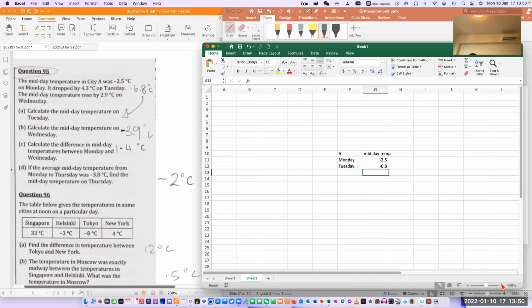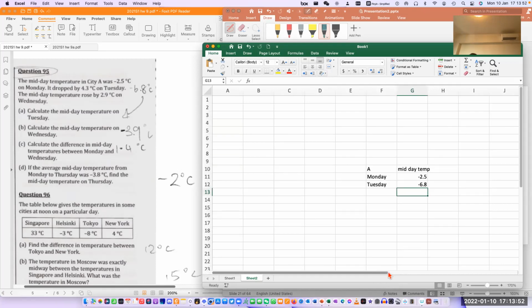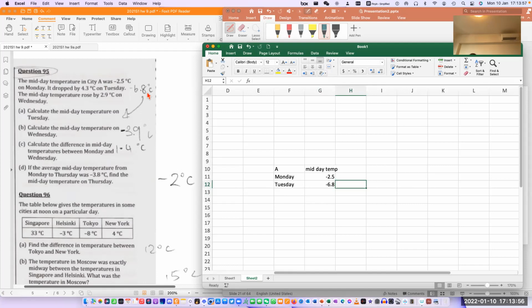If it's not big enough, let me just make it bigger. All right, so this is Tuesday. So your answer is minus 6.8, which is correct. Then the midday temperature rose by 2.9 on Wednesday. So Wednesday rose 2.9, so it's plus. And you get minus 3.9.